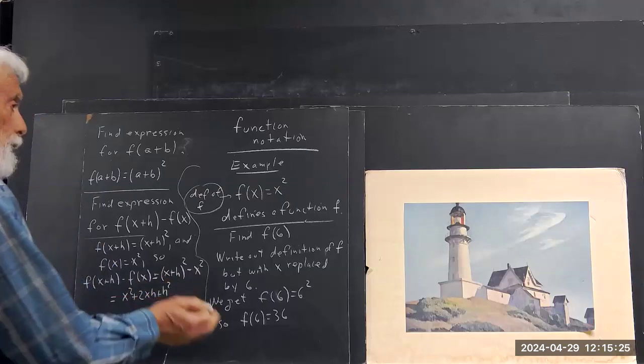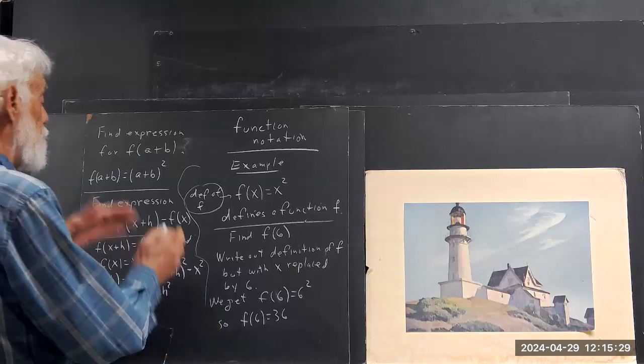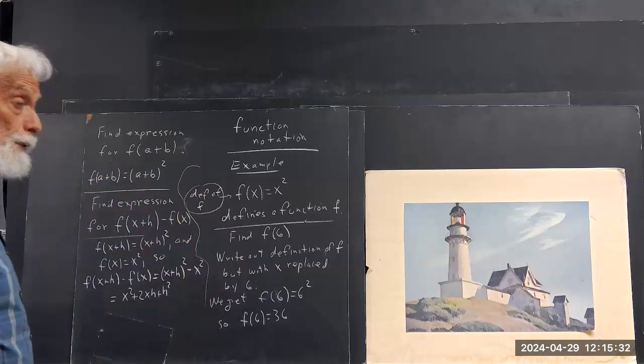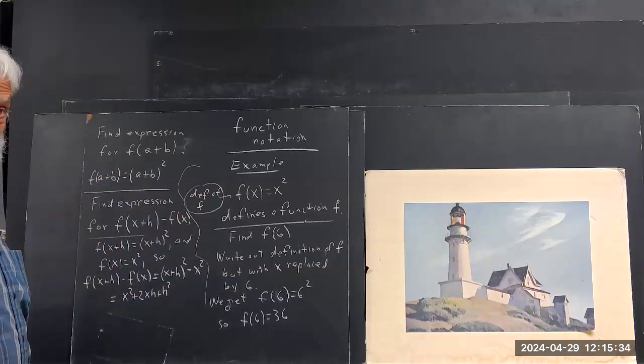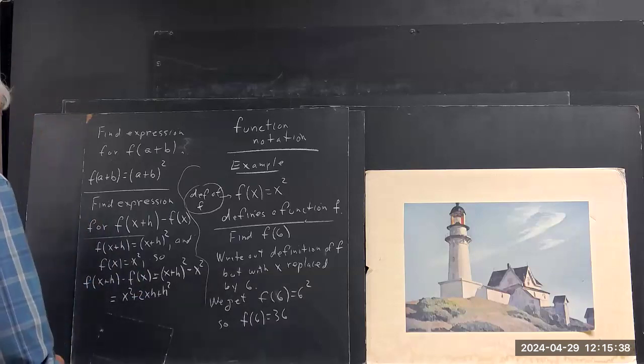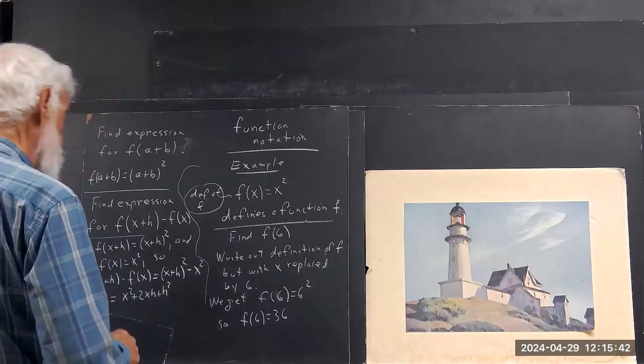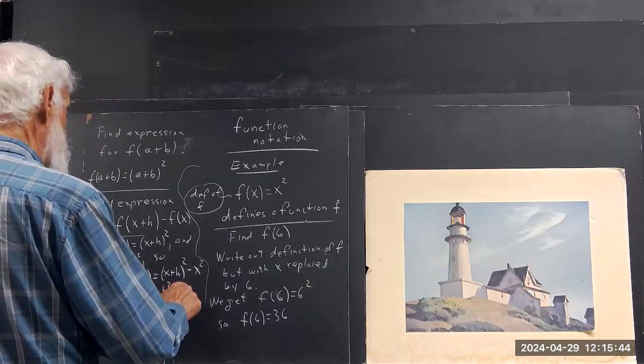And you know that if you know the special products. If you don't know the special products, you can do x plus h times x plus h using the distributive law. You really have to be able to do that either way.